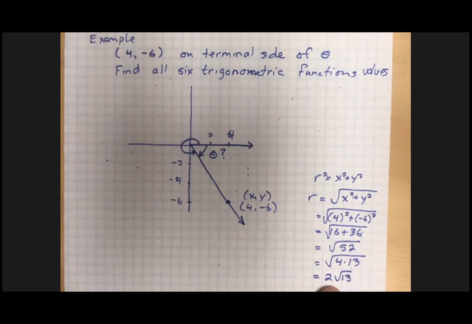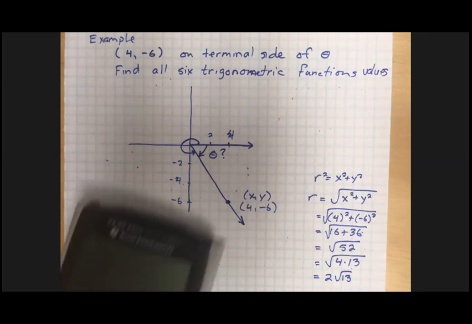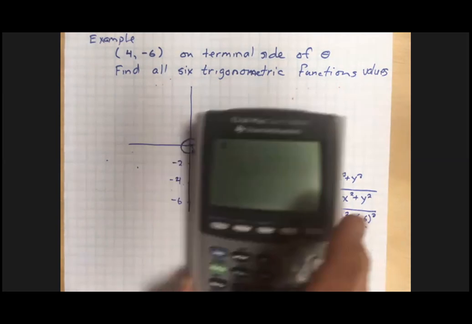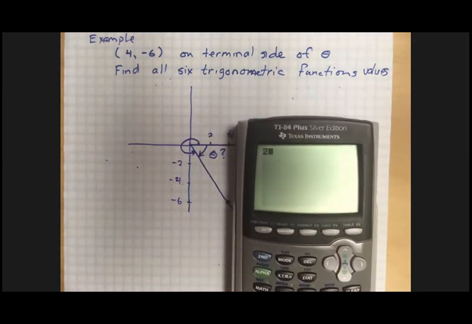You could ask a calculator what 2 root 13 is if you wanted to know. And so we will, but be careful. Don't use an abbreviation or an approximation unless someone tells you to. But I'm just curious what 2 times the square root of 13 is about. It's got to be between 7 and 8. Square root of 13, go. 7.2, roughly.